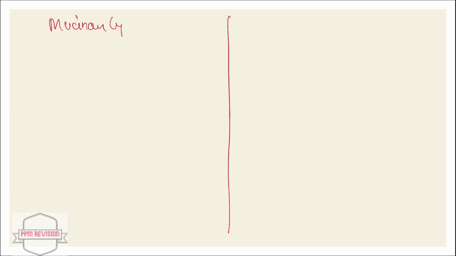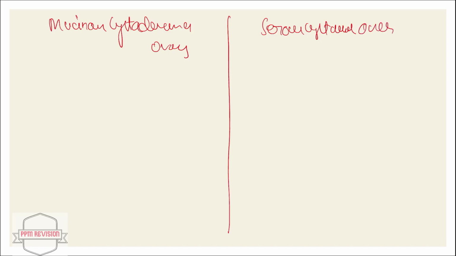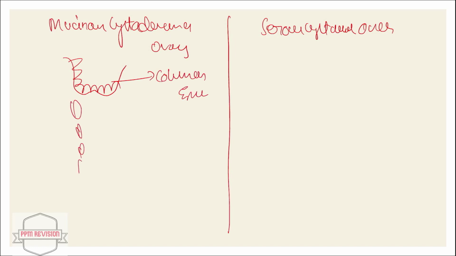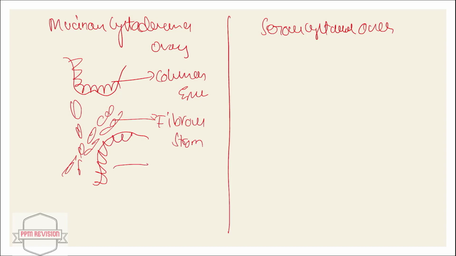This is a mucinous cystadenoma of the ovary, and next we will be looking at serous cystadenoma of the ovary. Here the columnar epithelium is seen, and then there's fibrous stroma, and here there is mucinous material. Hopefully this is much better, I made it simple.